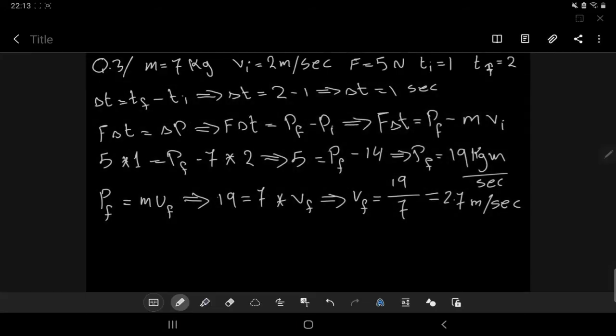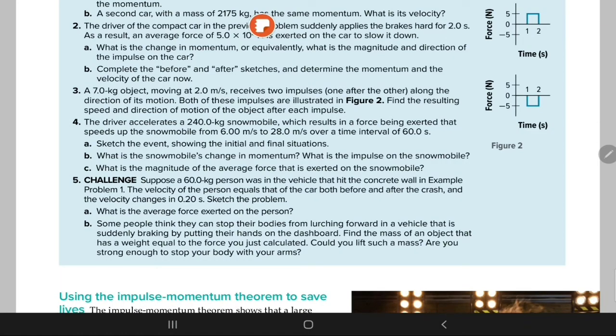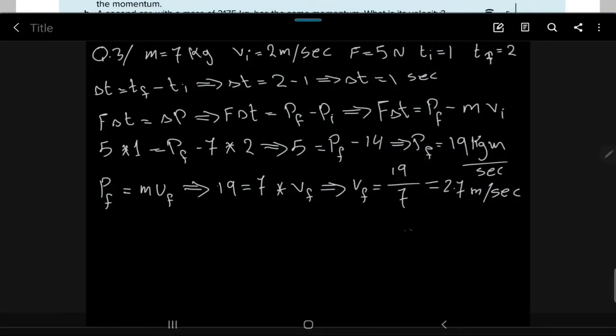Now we need to find the velocity for figure 2. So from figure number 2, we have here the velocity and we have the time also here. So we will write the knowns in the beginning as we learned.